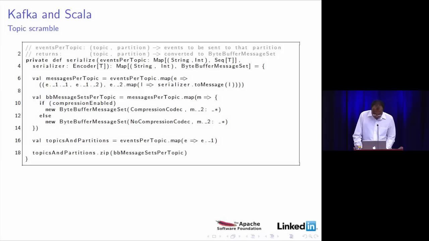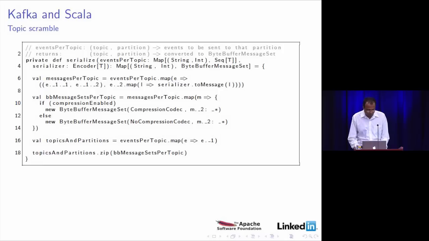So that's what lines 6 and 7 are doing. By the way, the map function, all it does is, given a collection, it returns a new collection which is created by applying the given function to each element of the original collection. So in lines 6 and 7, we're basically converting each event into a Kafka message.